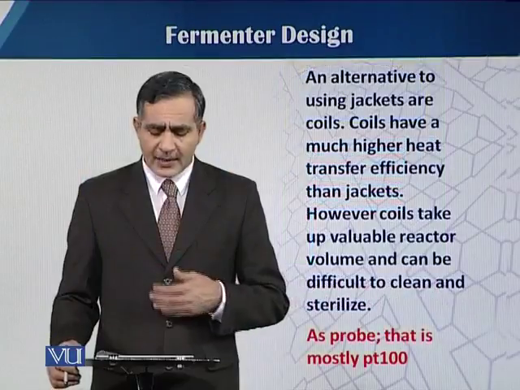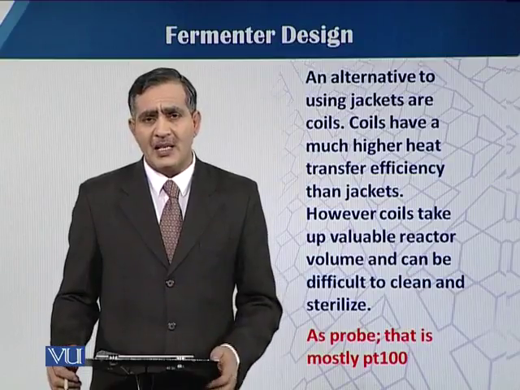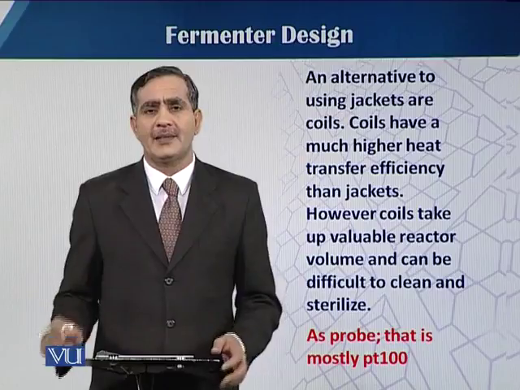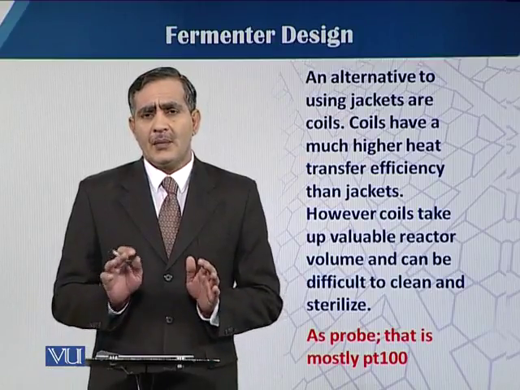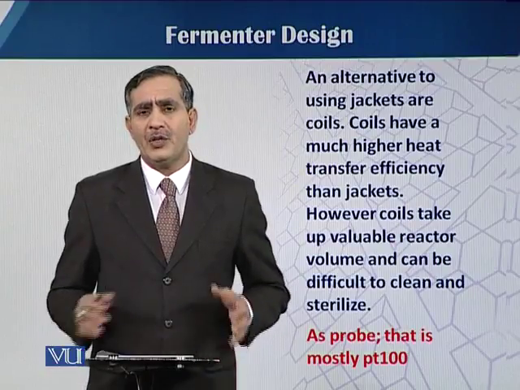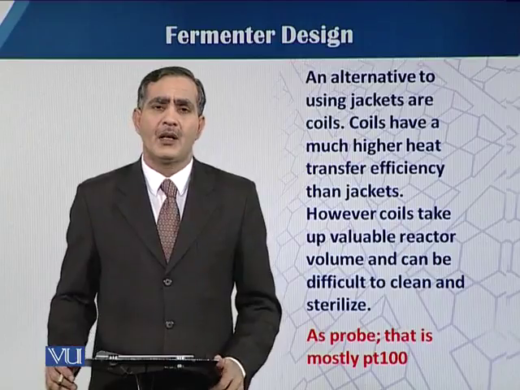As an alternative to the jackets, as we have seen in our previous slides, there are cooling coils. The major difference between the jacket and the cooling coil is that when we use the jacket, there is less surface area.